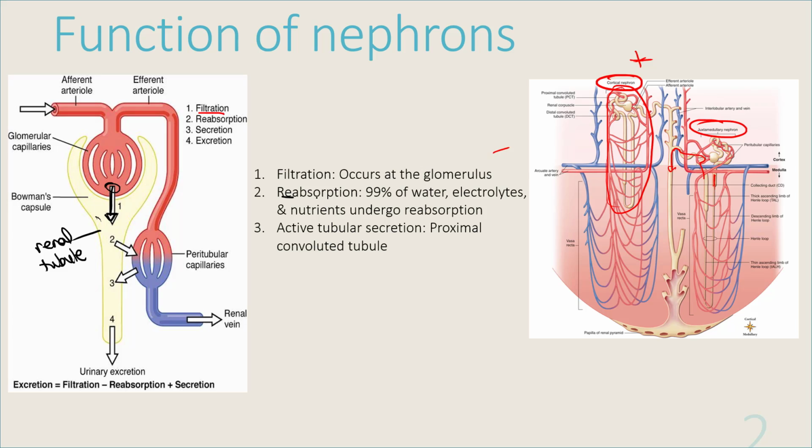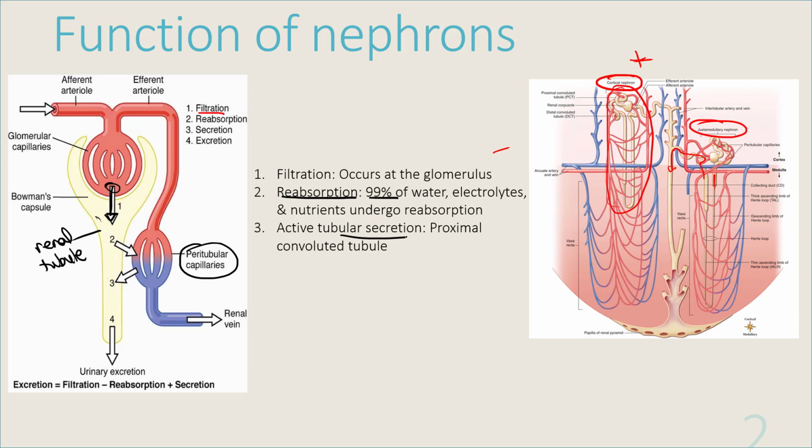In the renal tubules, it undergoes reabsorption. And you can see here that 99% of the water, electrolytes, nutrients, and other solutes that are filtered return, or are reabsorbed, back into the peritubular capillaries somewhere along the tubules.